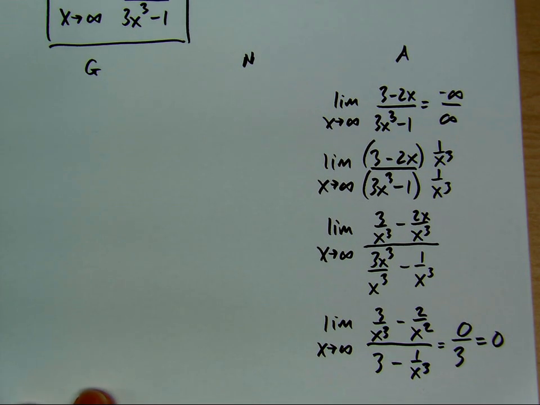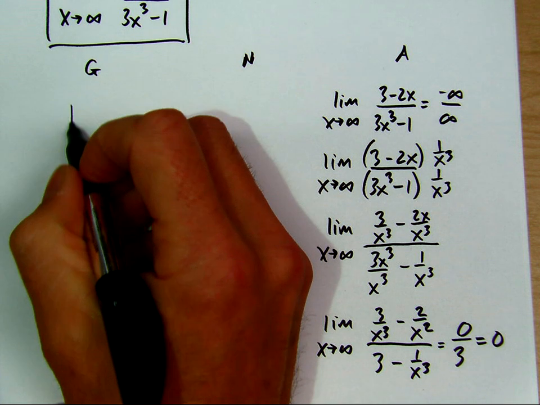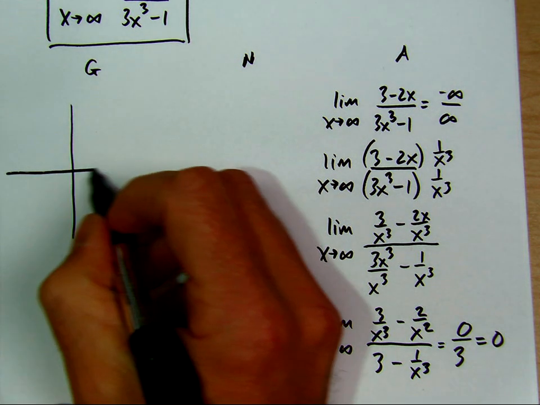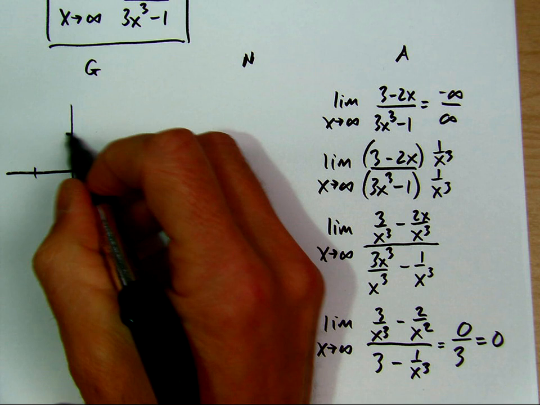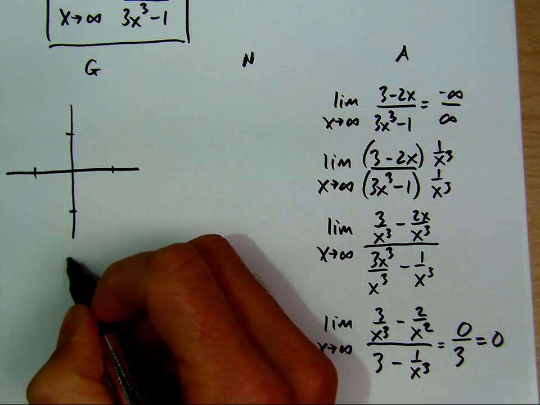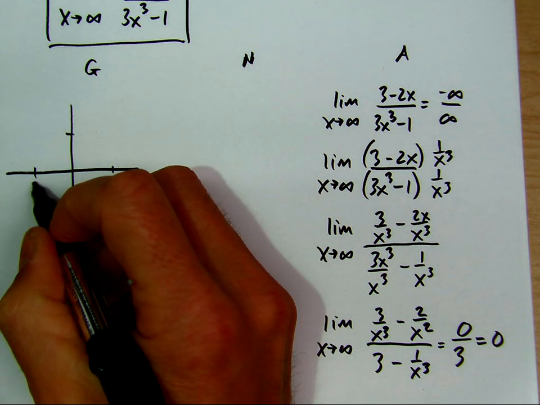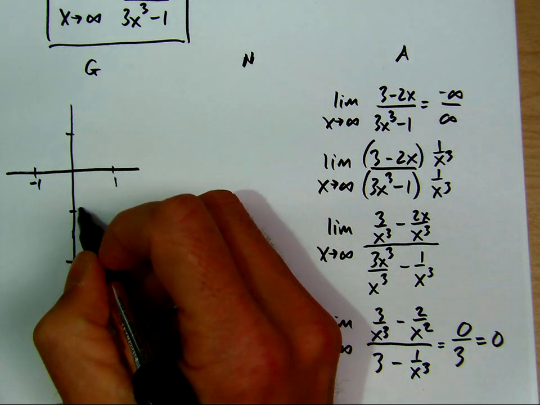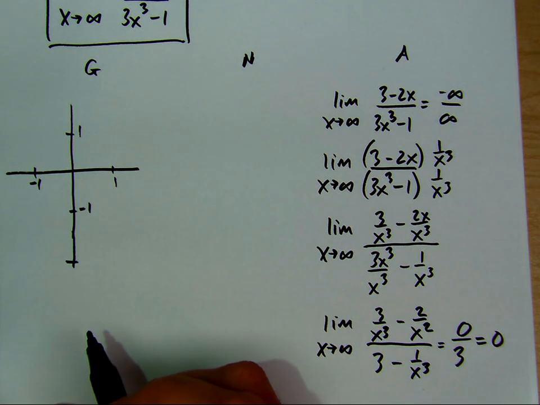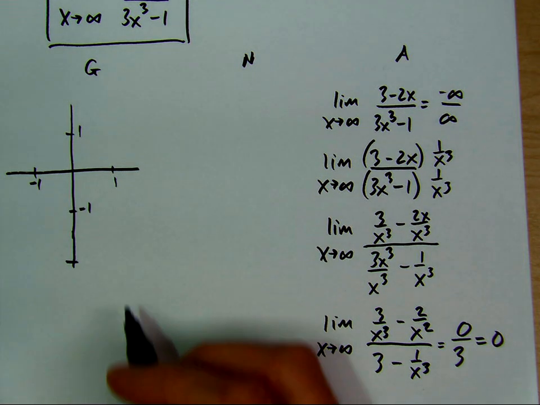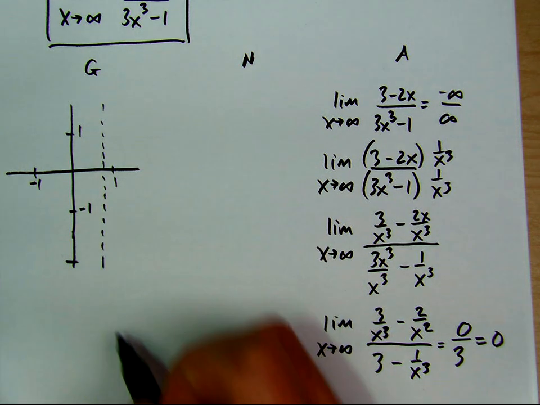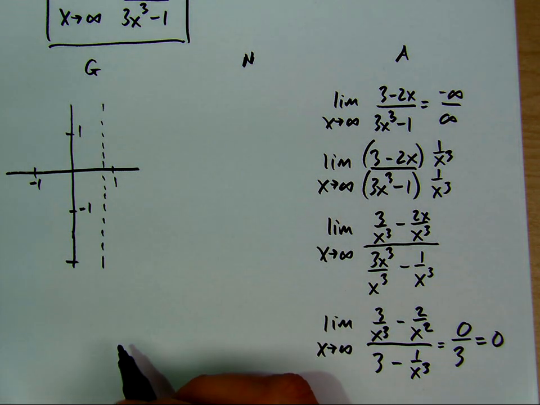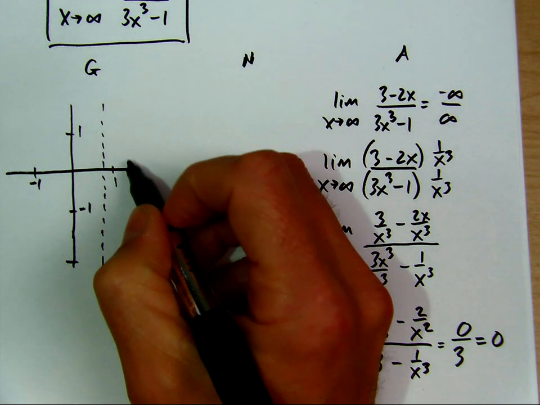If we look at that graphically, we have an asymptote around here, just before 1, and x-intercept right after 1.